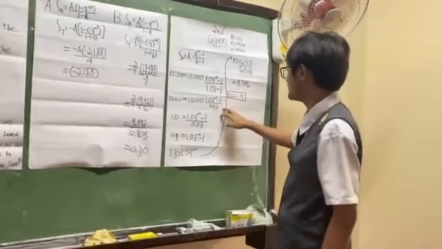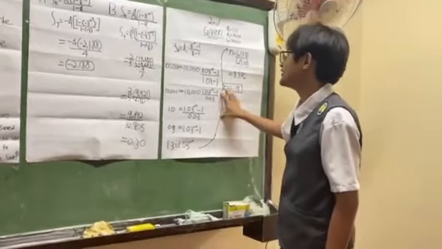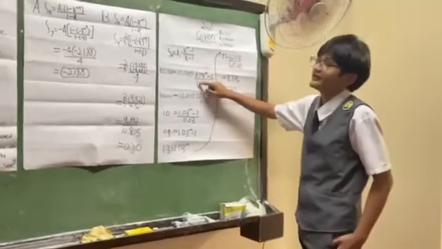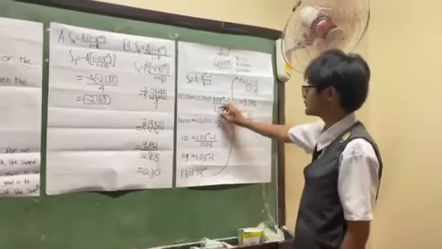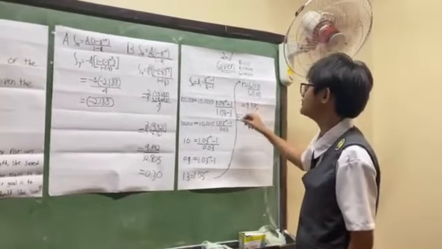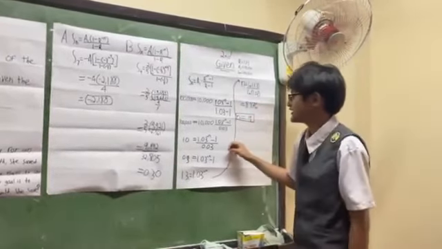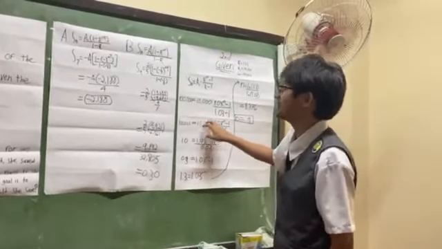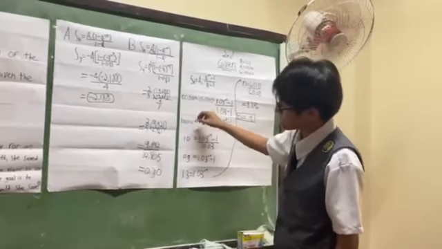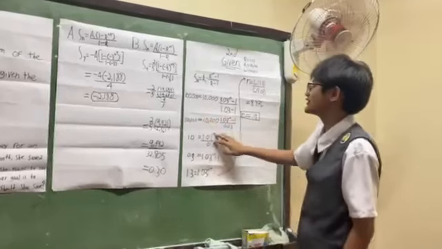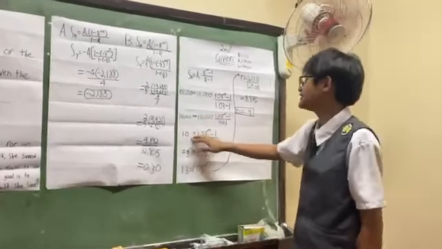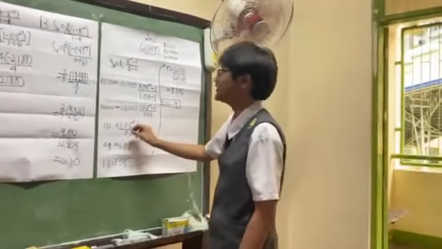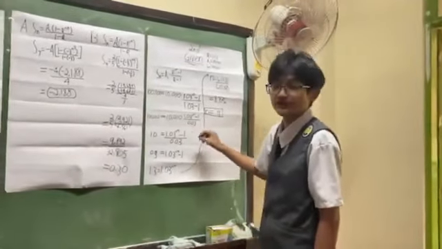So, it will be 0.03, since 1.03 minus 1 would be 0.03. Next is, to divide this, I must take 100,000 and divide it by 10,000. So we get 10. So 10 is equal to 1.03 to the power of n minus 1, and I divide by 0.03.